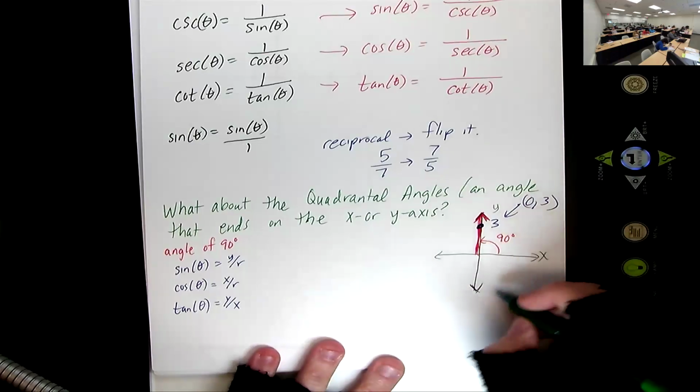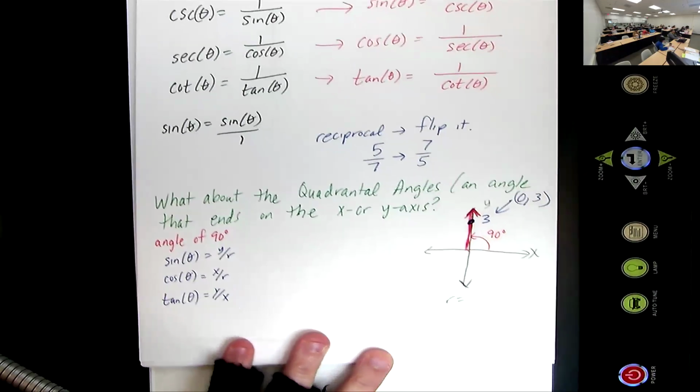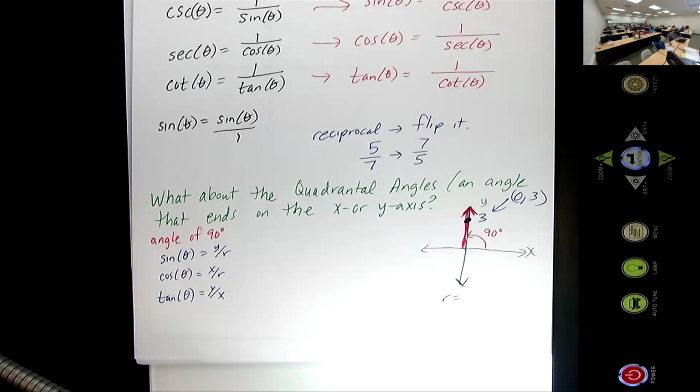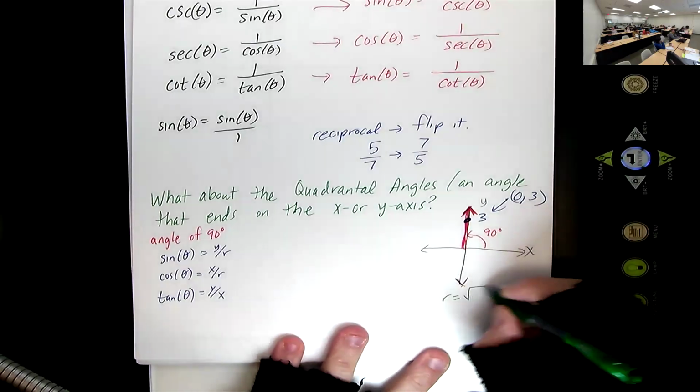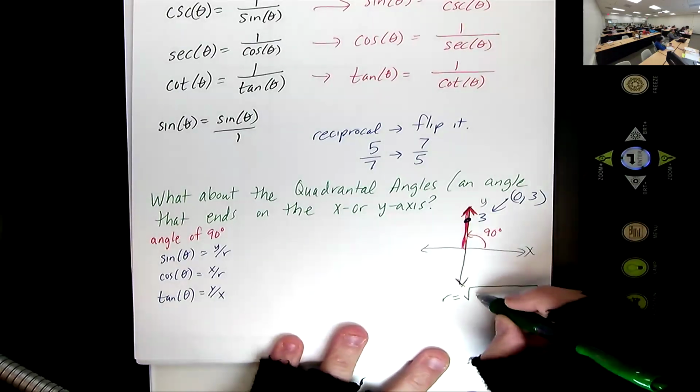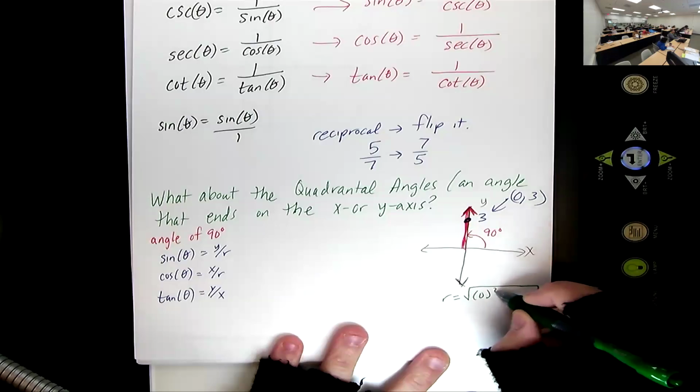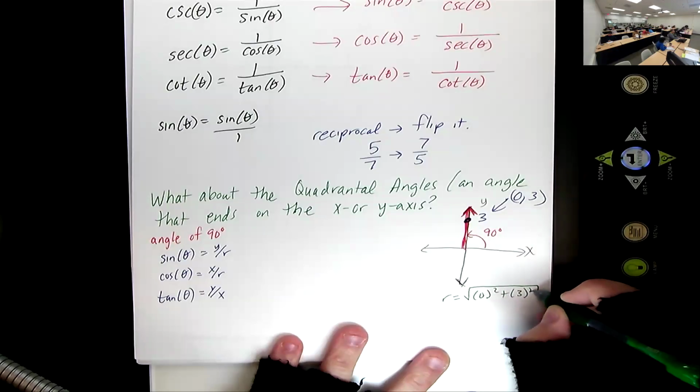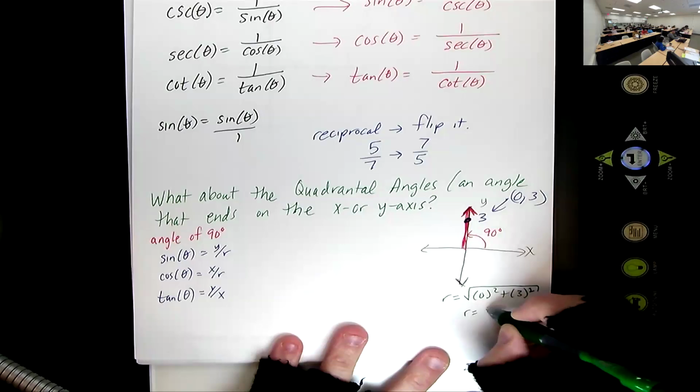What is r? It is the hypotenuse, but here we're just going to use it like the radius, the distance away from the center. It still is x squared plus y squared: 0 squared plus 3 squared, and then we take the square root. r is 3.